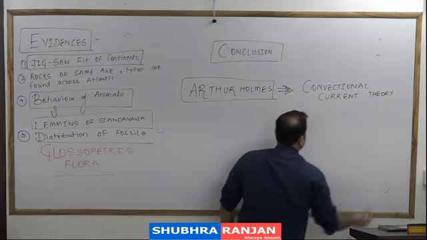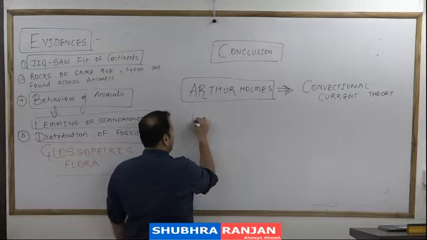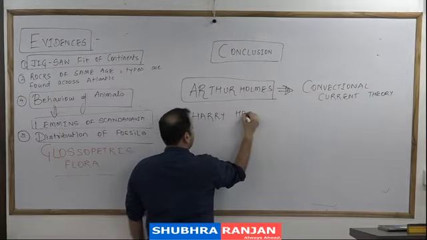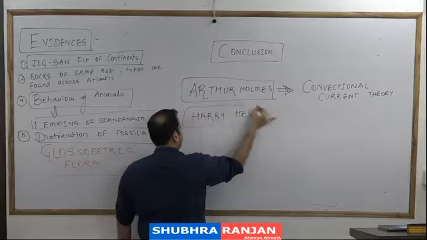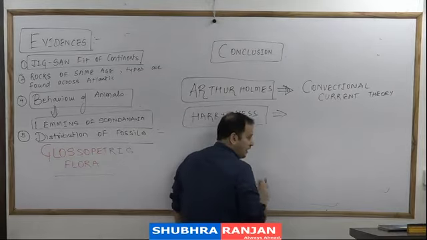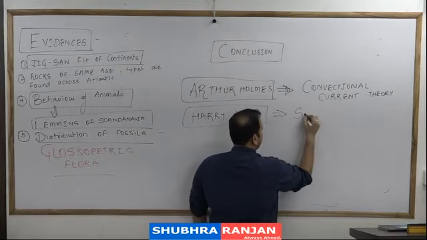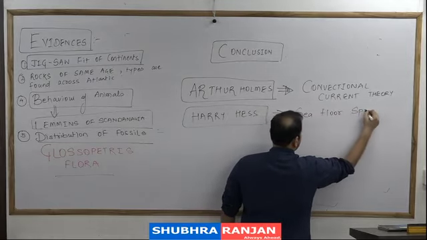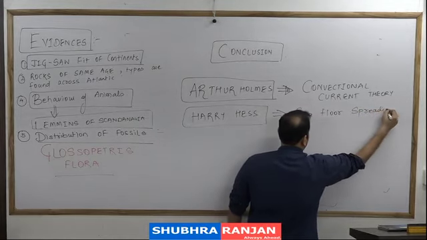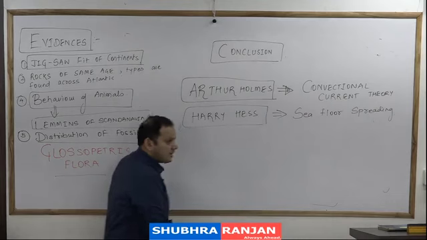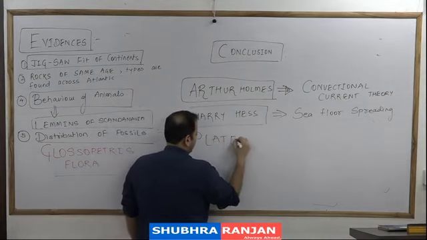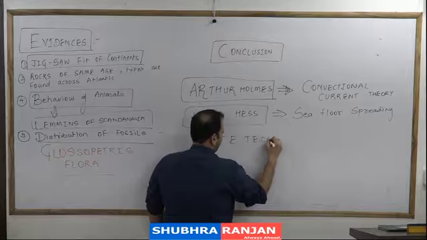There was a person who was known as Harry Hess, and he gave a concept of sea floor spread. And then there was one large theory which is known as plate tectonic theory.